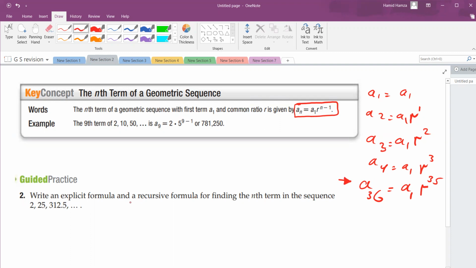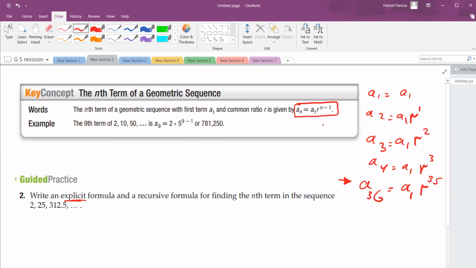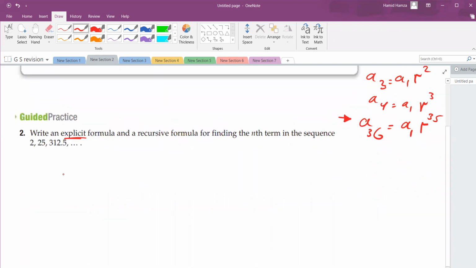Okay. So in this part, he asks you to write the explicit formula. This formula's name is the explicit formula. And the recursive formula, we will not focus on it. We want to focus on the explicit formula for finding the nth term.